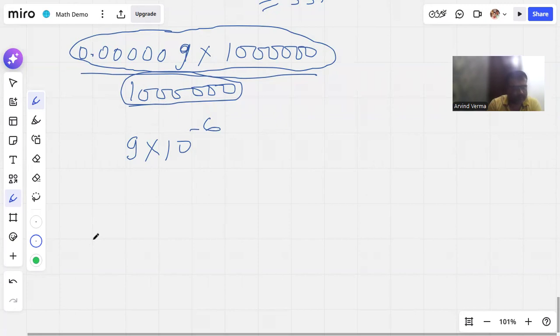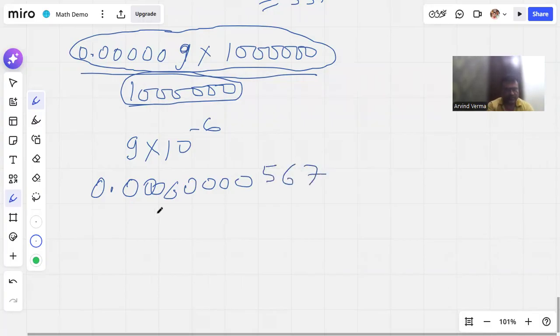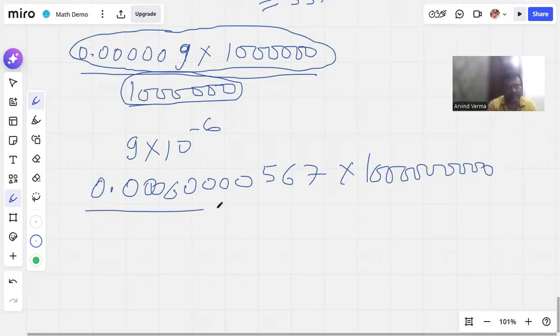Let's take one more example: 0.000000567. How many zeros? 1, 2, 3, 4, 5, 6, 7, 8, 9. 9 zeros. So multiply by 1 followed by 9 zeros, and divide by the same number.